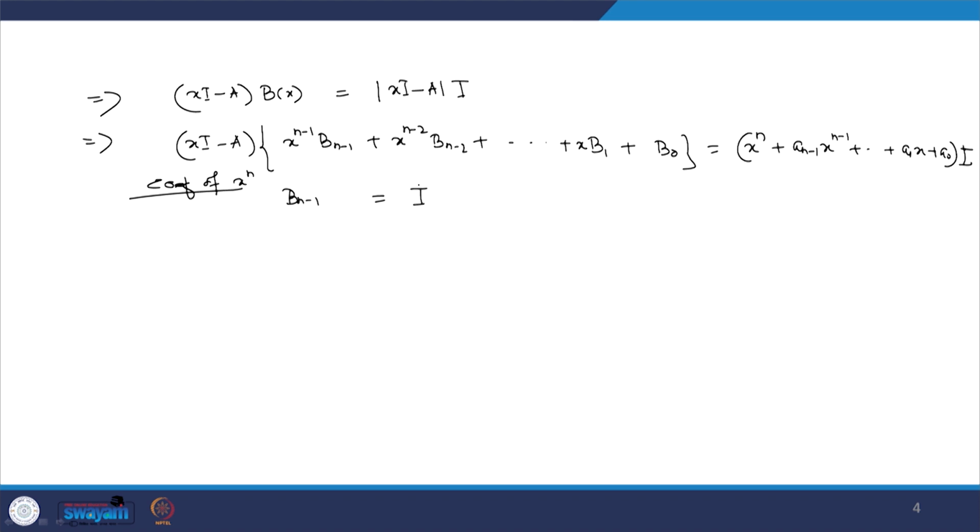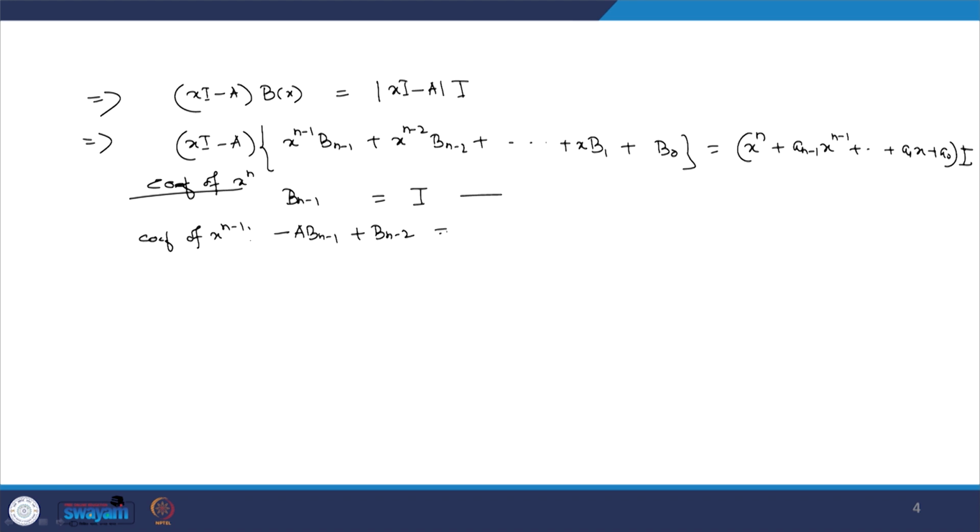So, 1 into the identity matrix. So, the first equation is like this. Now, the coefficient of x to the power n minus 1. So, the coefficient of x to the power n minus 1 I am getting as minus A B_{n-1} and plus B_{n-2}.